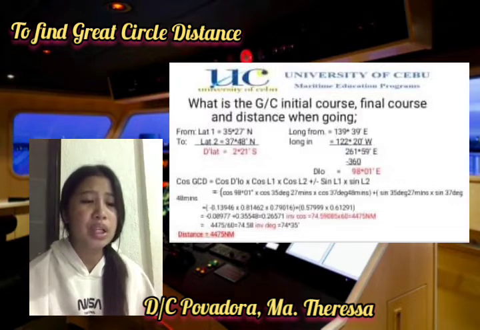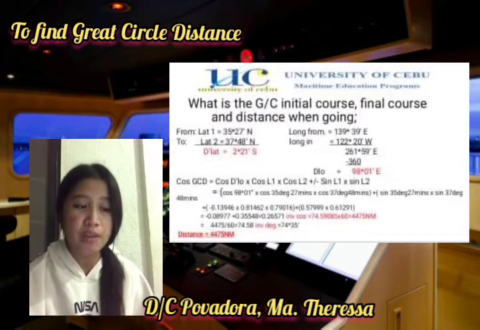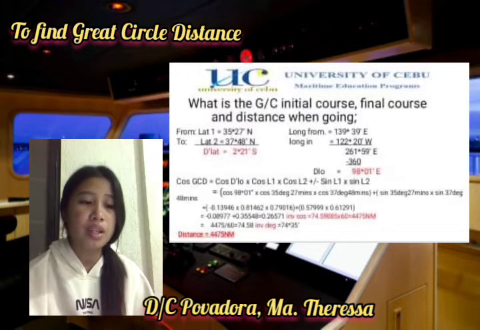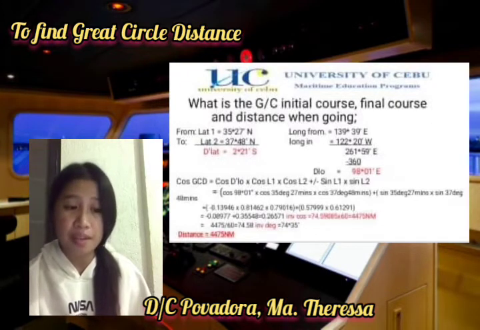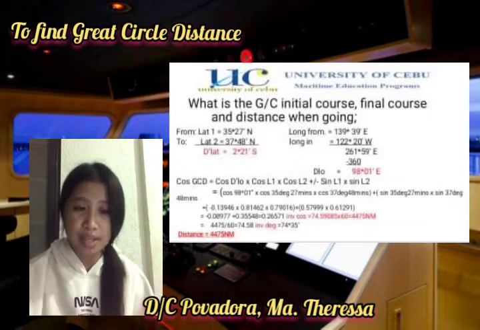So cos 98 degrees and 01 minute is negative 0.13946, times cos 35 degrees 27 minutes, which is 0.81462, then times cos 37 degrees and 48 minutes, which is 0.79016.